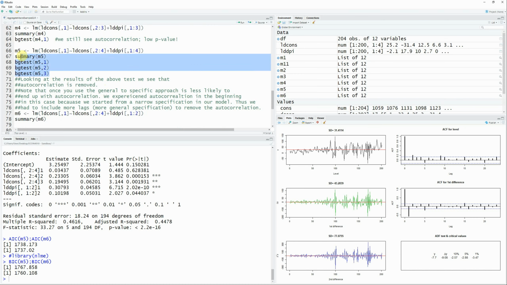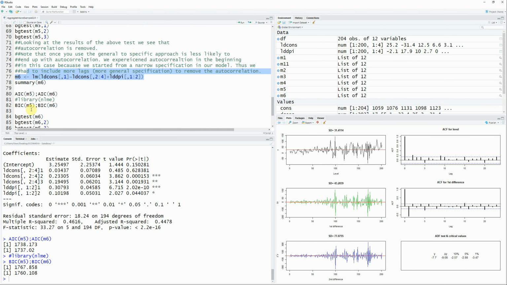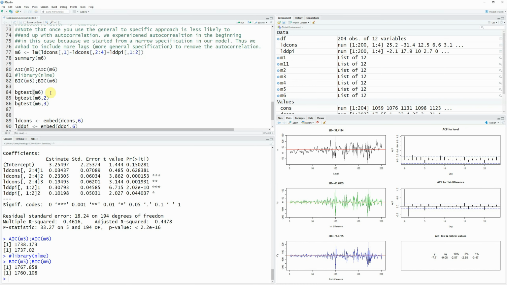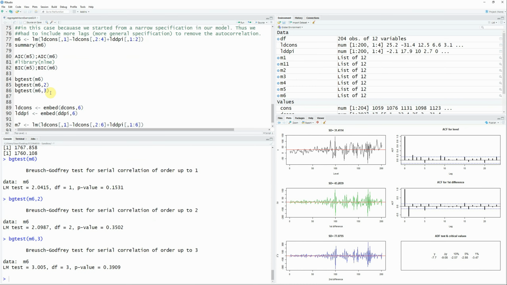We would end up seeing that we don't have any autocorrelation. We just have some extra terms with no significant t-test at the final two lags of this vector. So we drop them, and at the end we BG test whatever the result was. We see we still have high p-values, so we are fine.